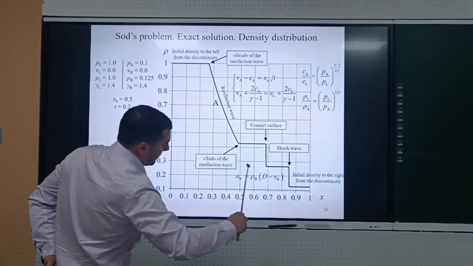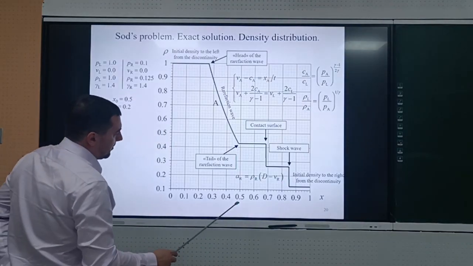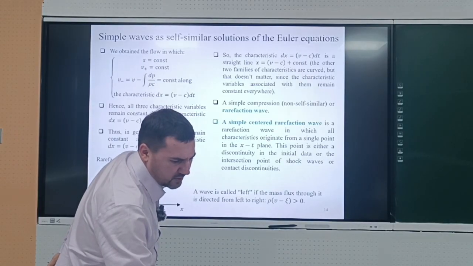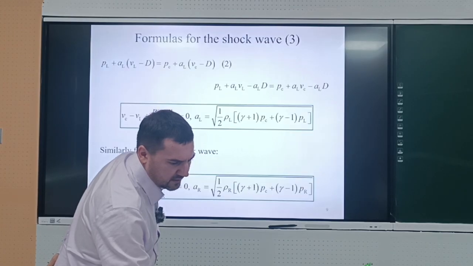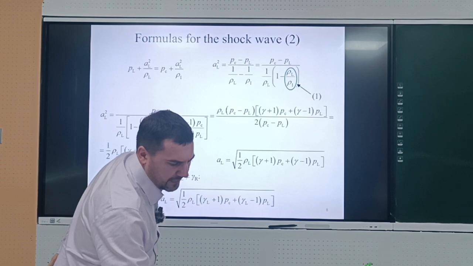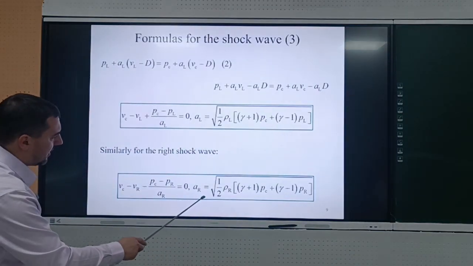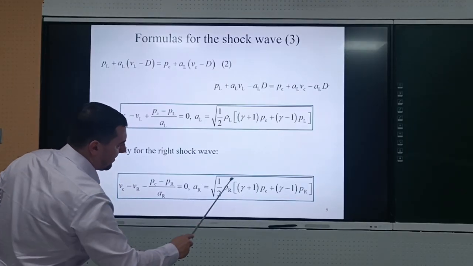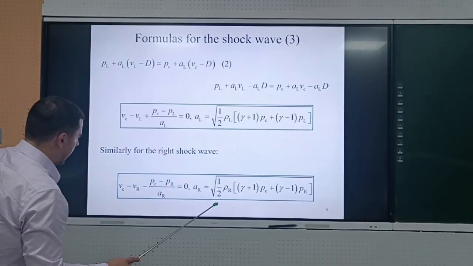So we know the pressure and velocity here. If we know pressure and velocity here, we can compute this AR value. So actually we have all the necessary things. For example, here, if we know PC and we know the initial parameters to the right of this discontinuity, we can compute this AR.